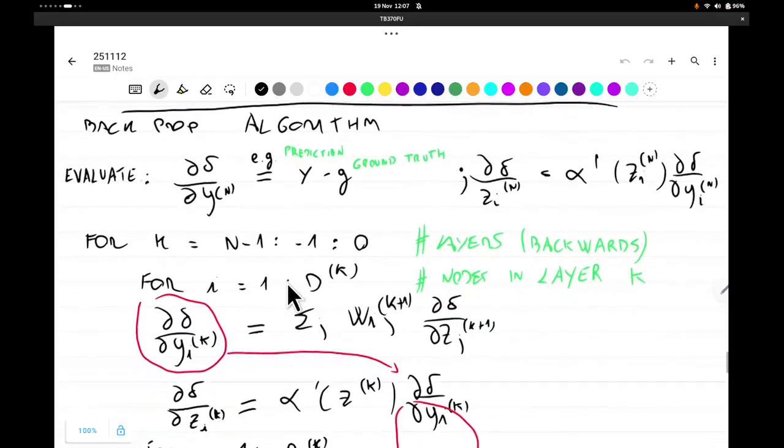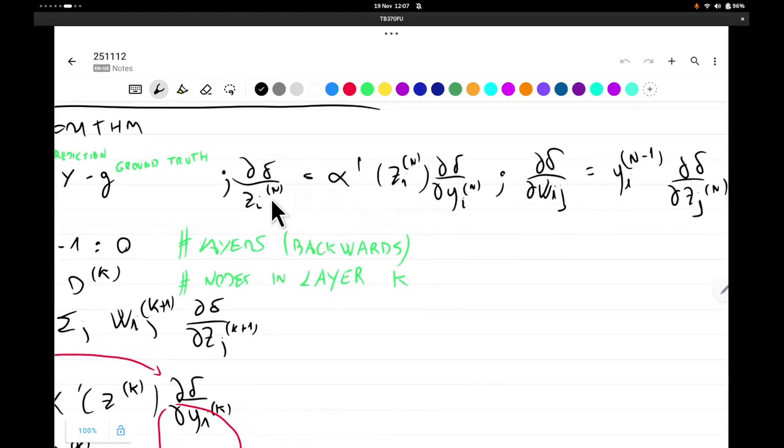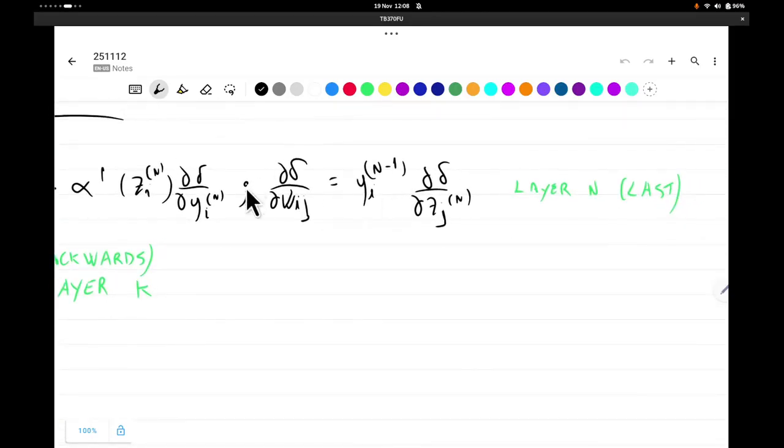Putting it all together, we start from the last layer and evaluate the derivative of the divergence, so how much for the particular data point the output of the network is different from the ground truth. This gives us the derivative with respect to the yn. Then the derivative with respect to the z is the same thing we have just calculated multiplied by the derivative of the activation function, and the derivative with respect to the weights, I forgot an n I think here, will be the previous step multiplied by the outputs of the previous layer.